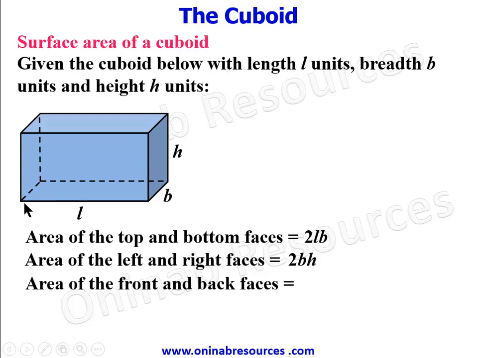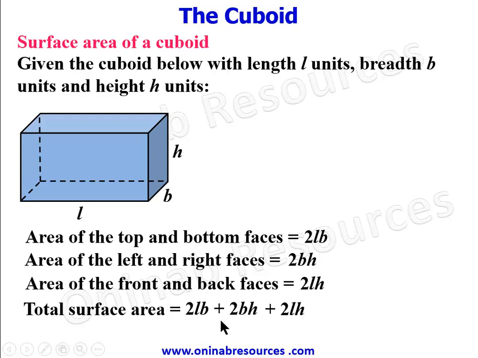So the area here will be length times height plus length times height. That will give us 2LH. So that the total surface area of the cuboid will be 2LB plus 2BH plus 2LH.